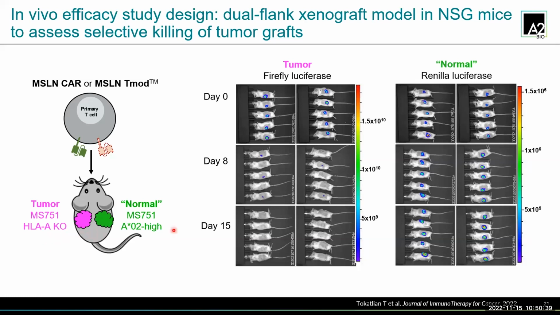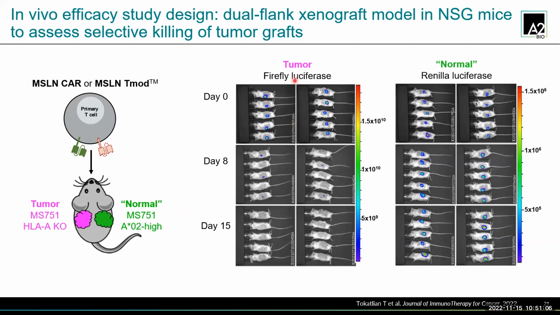Here we used MS751 cells with either HLA-A knocked out to represent the tumor graft or overexpressing A2 to represent the normal graft. And we monitored graft size over time by both caliper measurements as well as by BLI, since each graft also expressed either firefly luciferase on the tumor side or Renilla luciferase on the normal side.